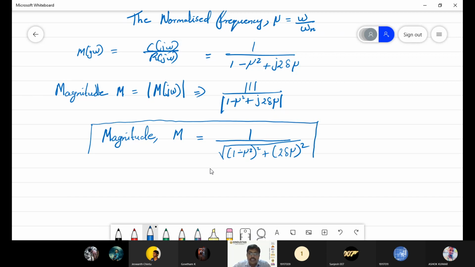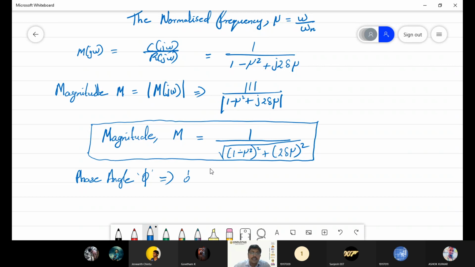so always we need these two things. One is magnitude and another one is phase angle. Similarly, the phase angle is given as phi, which implies, we know, tan inverse b by a.